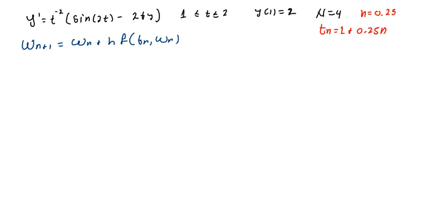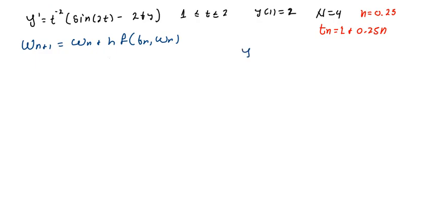Here it's just a matter of working this out. Before I do that, let me work something out. Since the t squared term is negative power, I'm just going to divide everything by t squared.